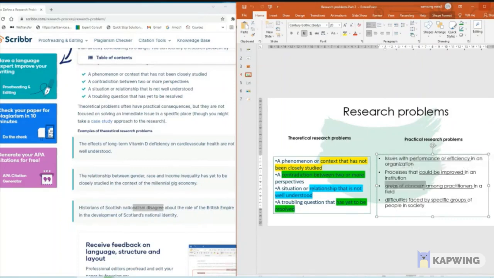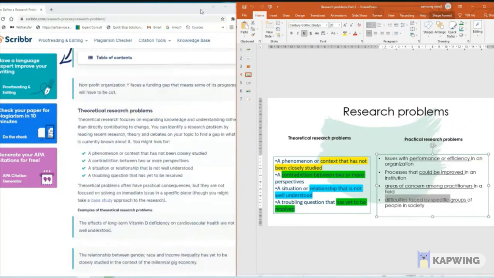Or maybe current practitioners are highlighting issues that we should look into. Or depending on the age group or gender group, they face different types of problems. So it is about the practical research problem.